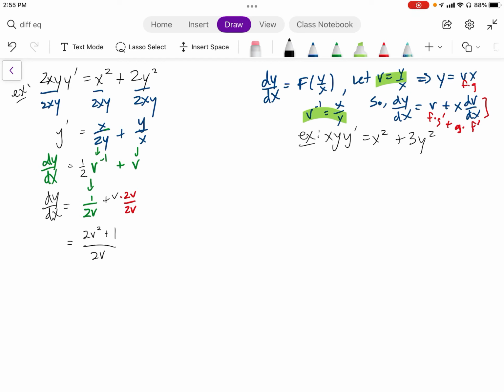I also need to substitute, I probably should have done that at the step above, but that's okay. I want x and dv, I don't want dy/dx anymore. So dy/dx I could substitute with v plus x dv/dx.